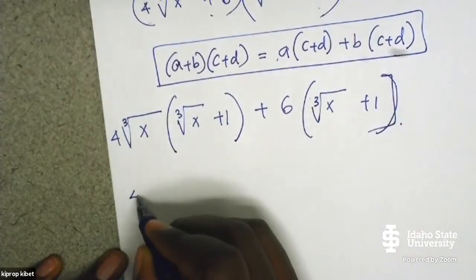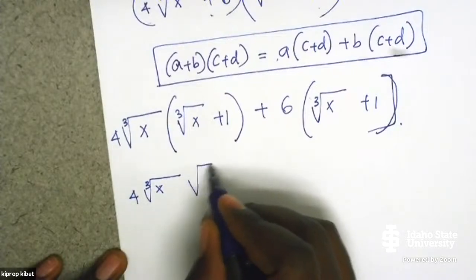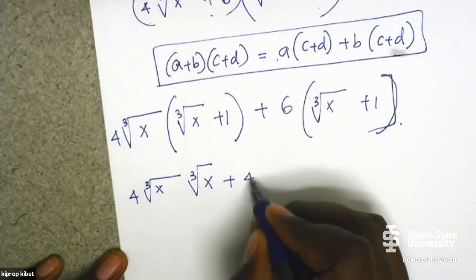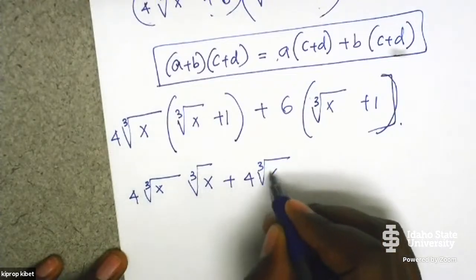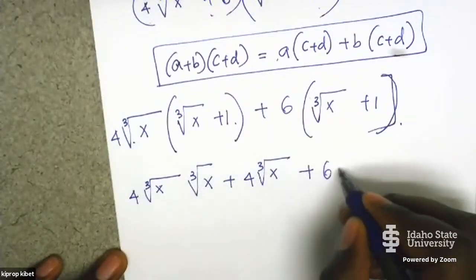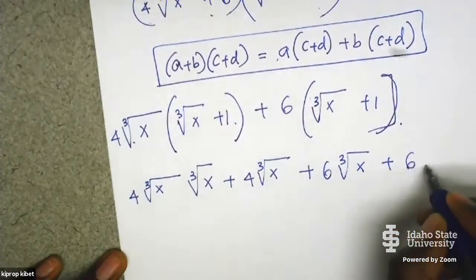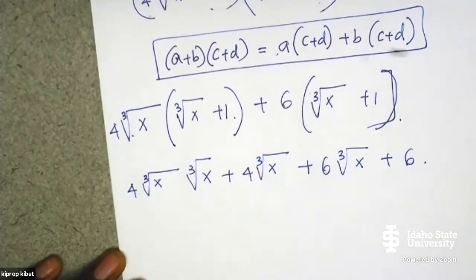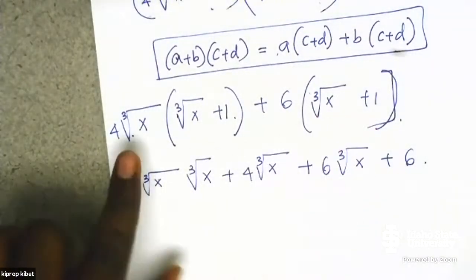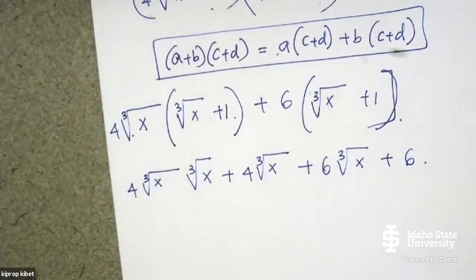So it will be 4 the cube root of x, the cube root of x here, plus 4 the cube root of x, plus 6 the cube root of x, plus 1. So you distribute the 6, you distribute this.